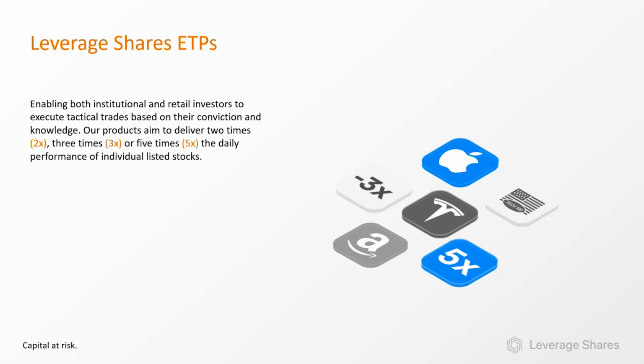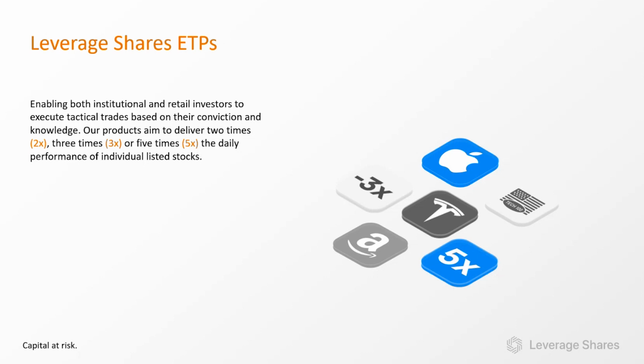We have a very broad range of products, and we offer both types of trading. That means we offer short ETPs and long. So you can decide which direction according to your strategy you want to take, if you want to use a minus 3x ETP or a 3x long ETP, according also, of course, to the market movements.